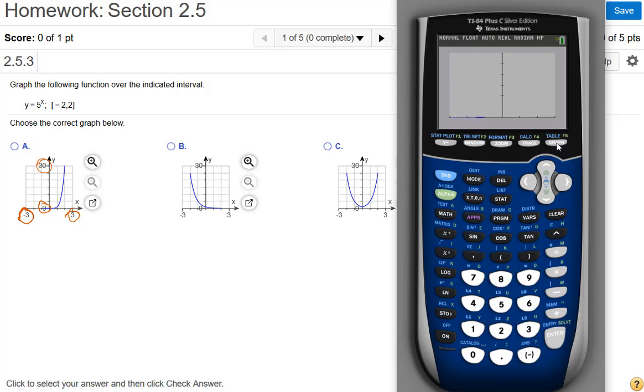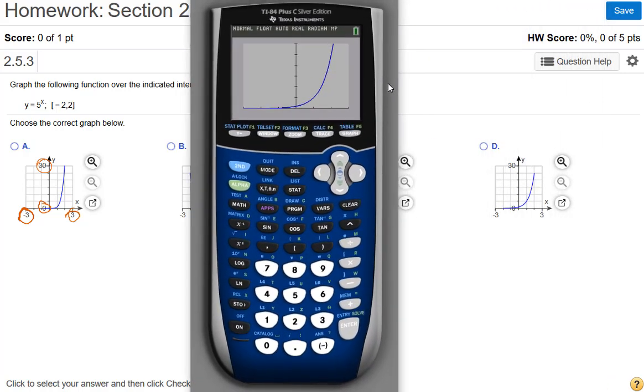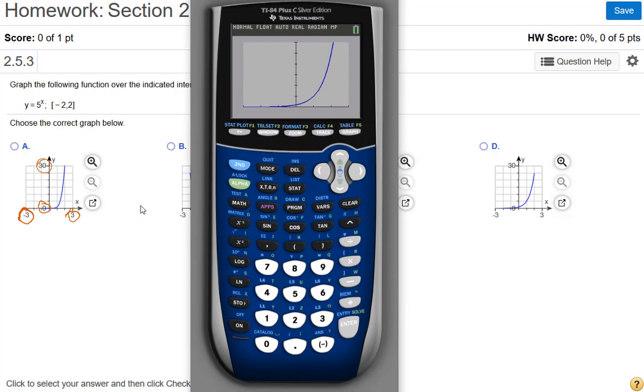We should be able to now compare this to the ones that we see on there. Obviously the B and the C choice are out of the question, so now it's down to either A or D. I'll move the calculator over so that you can see the A and the D choices both at the same time, and they're both pretty similar, so choosing between those is a matter of getting a better graph.